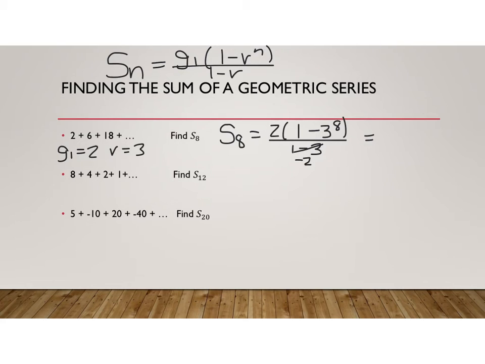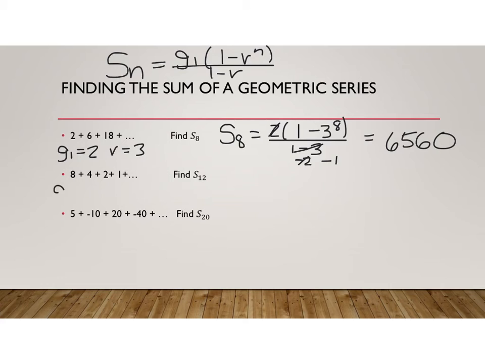And then you could cancel the 2 and the negative 2 to just be negative 1. So basically my answer here is going to be 1 minus 3 to the 8th power, and then I'm going to divide that by negative 1. And my sum of those first 8 terms would be 6,560.